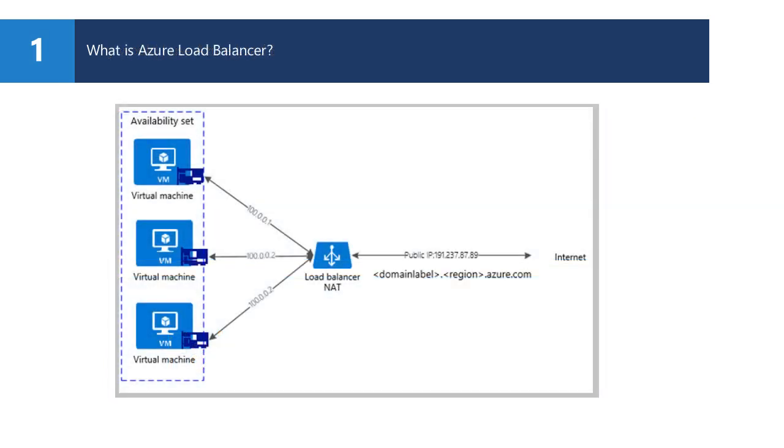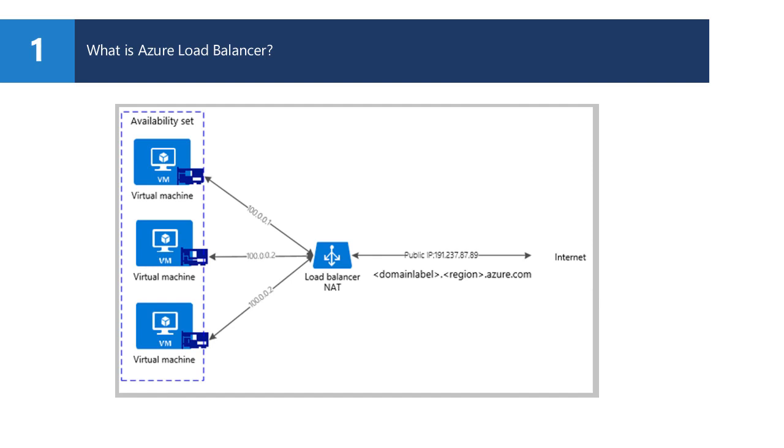So here's what the load balancer does. It's quite simple. There's a public IP address and domain name, and then the load balancer distributes requests for that public IP address to the three virtual machines that are hidden behind it in a virtual subnet.